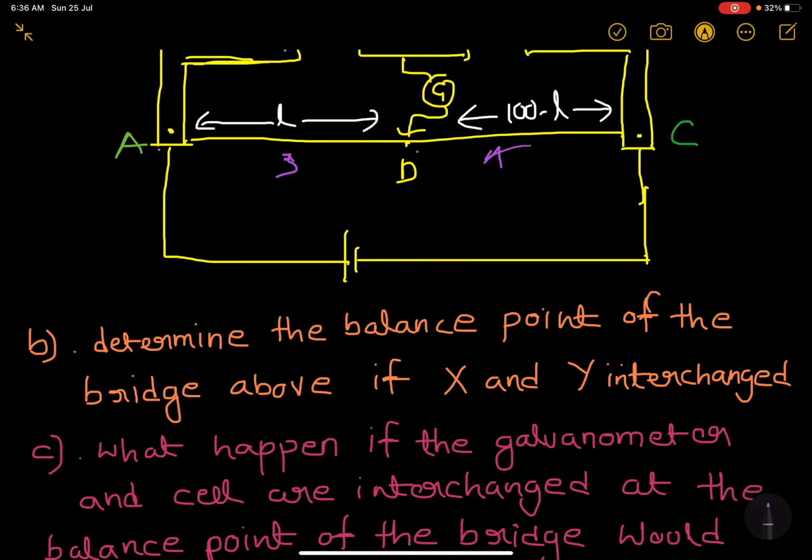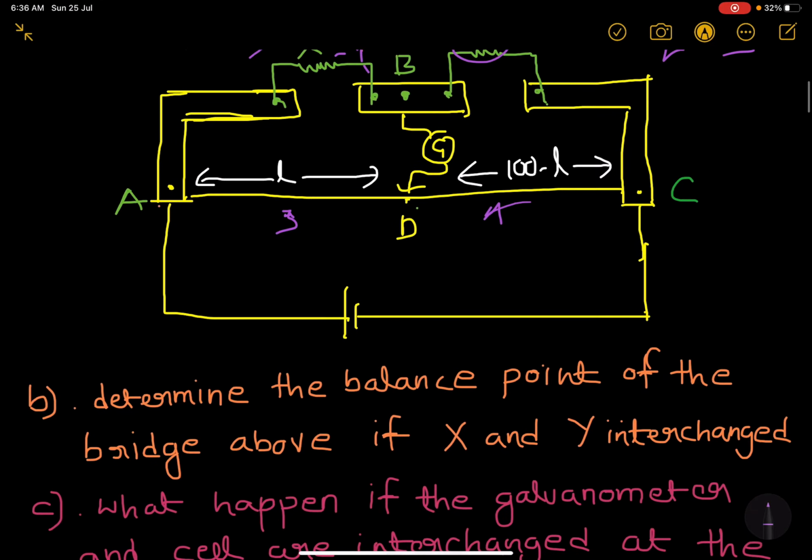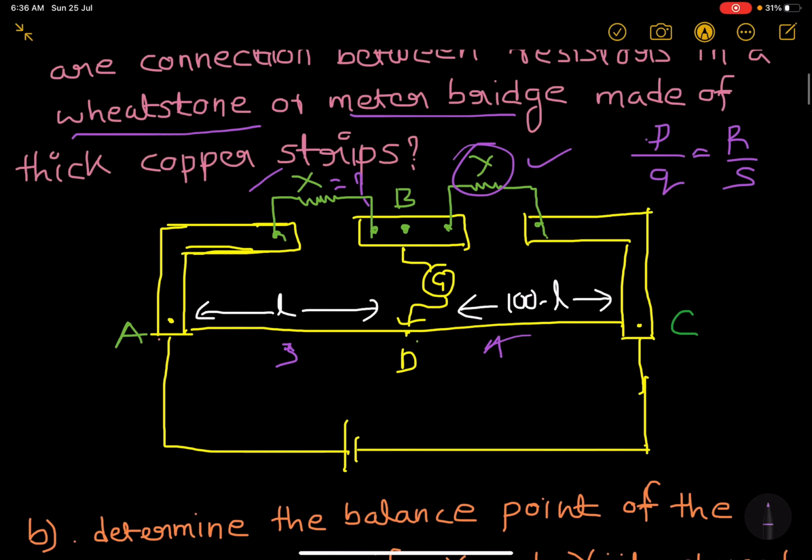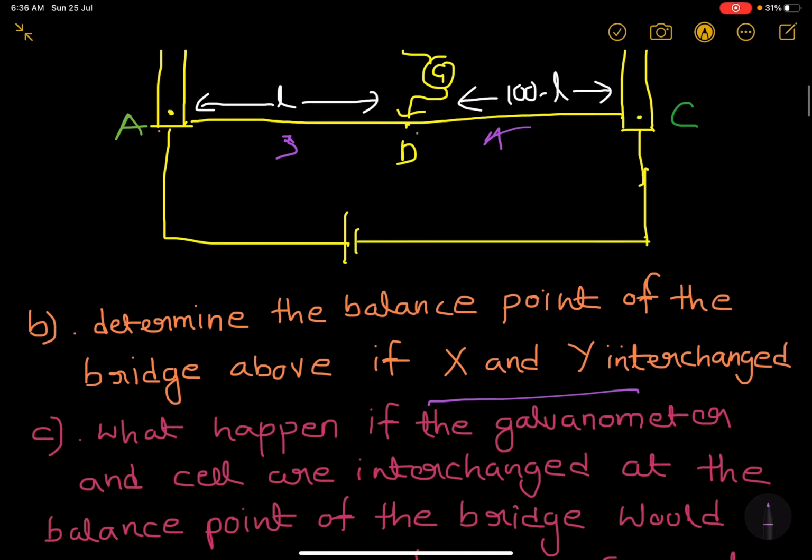In this second question, it is asking to determine the balance point of the bridge above if X and Y are interchanged. Here Y is there. We can write X plus Y and Y plus X in place, then we can see what happens.